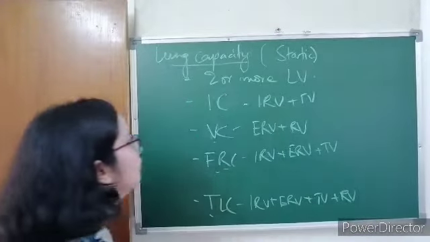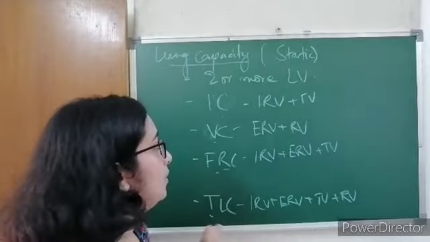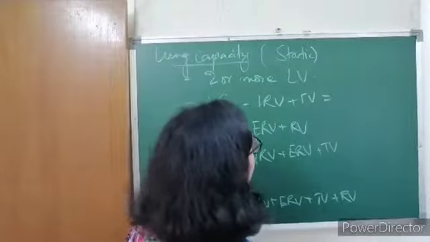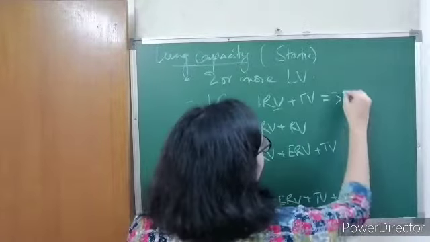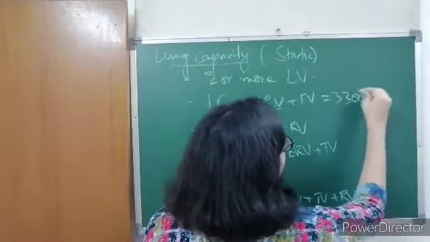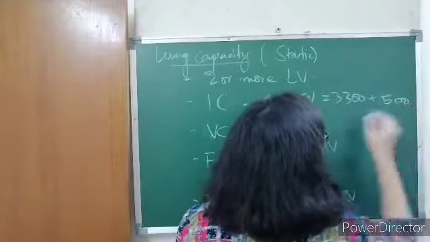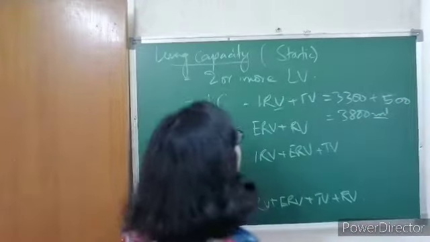Okay. So IC, inspiratory capacity, is inspiratory reserve volume plus tidal volume. What is the final amount? IRV is 3300 plus TV is 500. Then we get 3800 as IC.